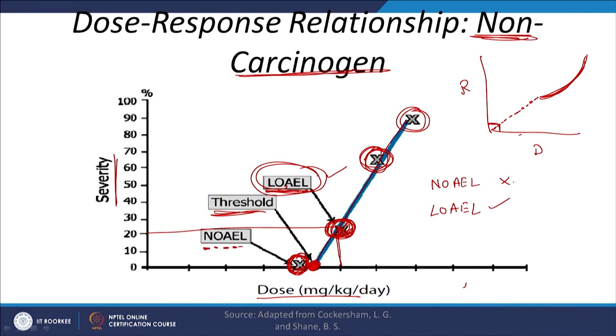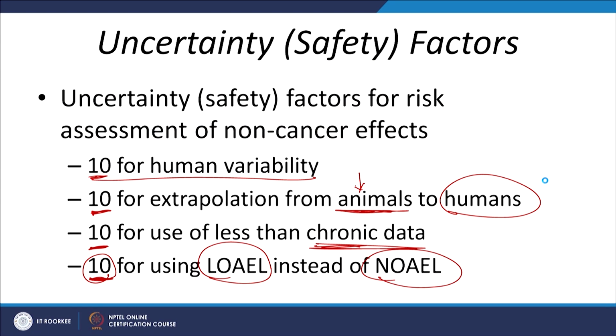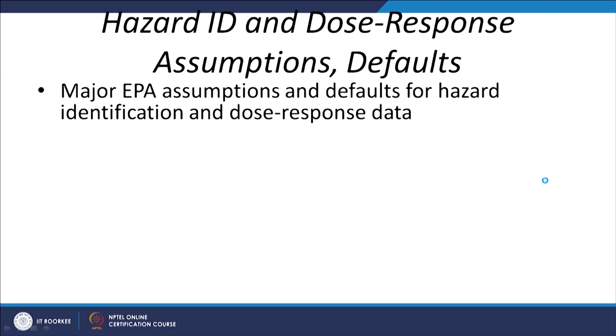That would lead to underestimation of the adverse effects, or overestimating, in this context, the safety level. So if I have only the LOAEL and not the NOAEL, I need an additional safety factor or uncertainty factor. From that I am able to calculate my safe level for humans.